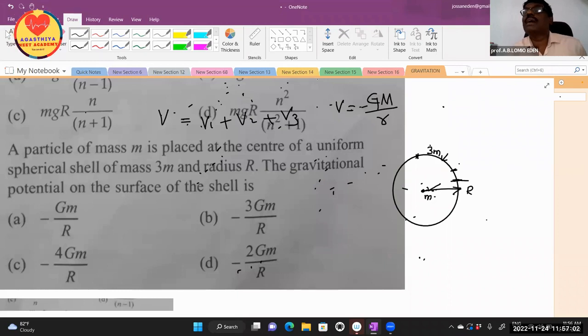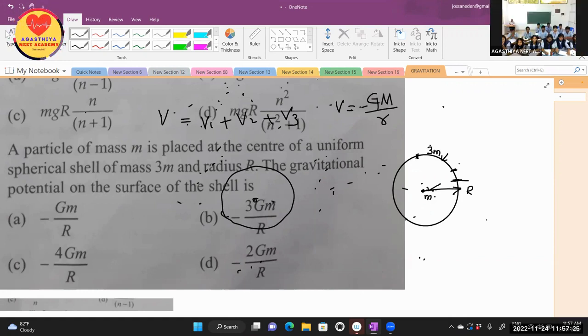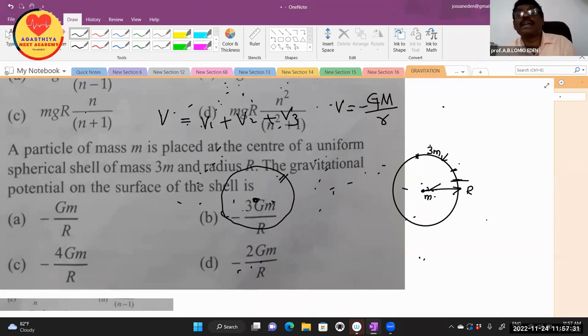But what about the gravitational potential for the spherical shell? This is a very critical point. We have to calculate the radius. Actually, even though it is a hollow one, the center of mass will be at the center of the spherical shell. Understand? The whole mass of the spherical shell will be concentrated at its center.